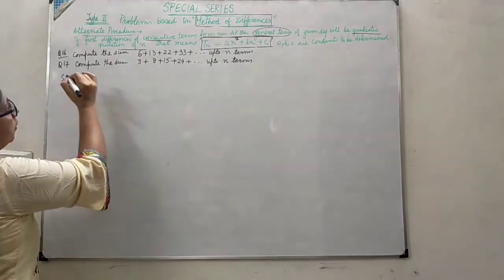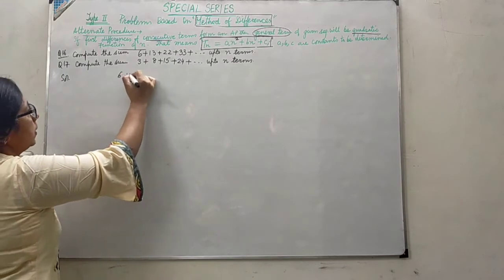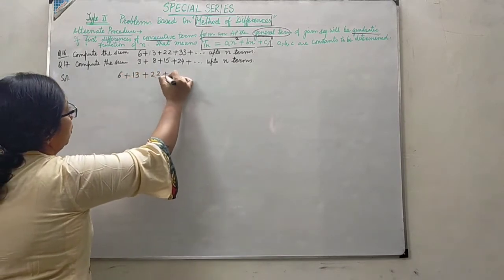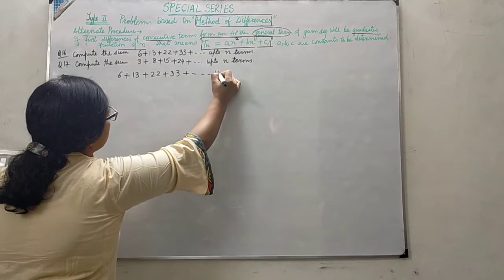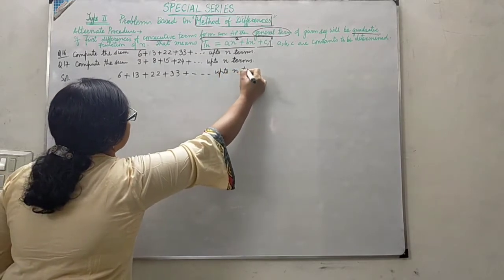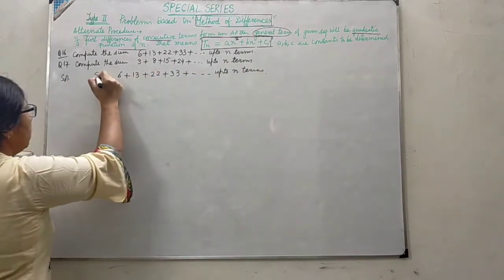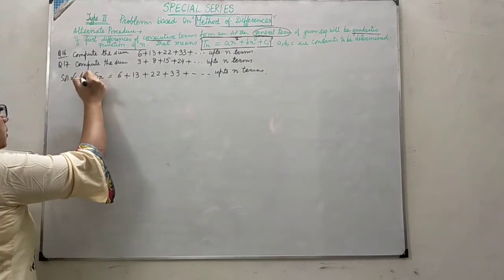Let me take the series as 6 plus 13 plus 22 plus 33 plus dash up to n terms. This is the given series. Let me take Sn as this.